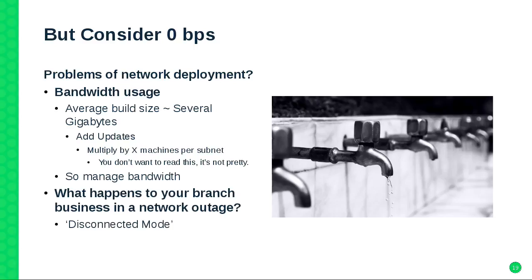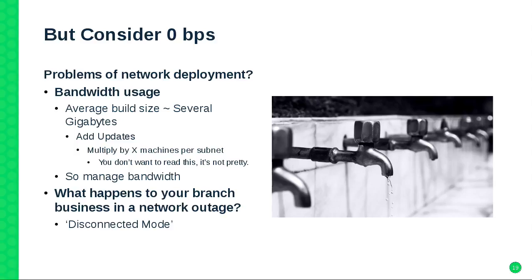And what happens if the branch business has a network outage? What do you do? What is your business in the business of doing? If it's a bank branch, everyone's down, because everyone in a bank branch relies on the computer network. But one of the same customers, Allied Irish Bank, that we were working with, had all their client mainframe systems with a so-called disconnected mode.